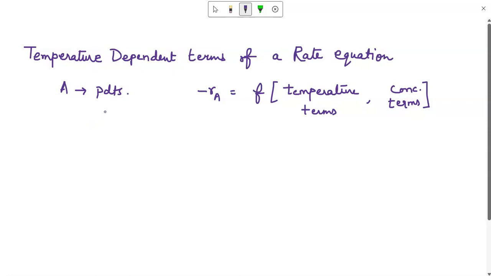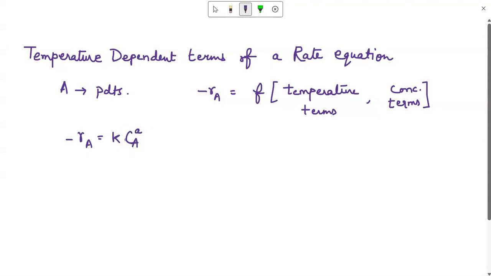So, for many reactions, particularly the elementary reactions, where the rate equation conforms to the stoichiometric equation, the rate expression can be divided in two parts, that is, minus RA equals k CA to the power, let's say, a.